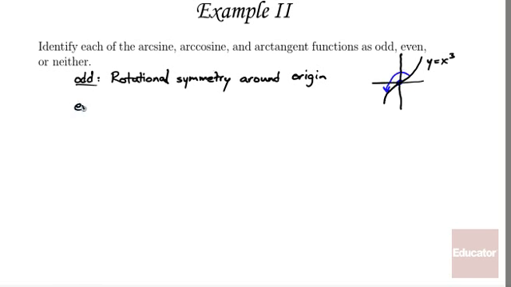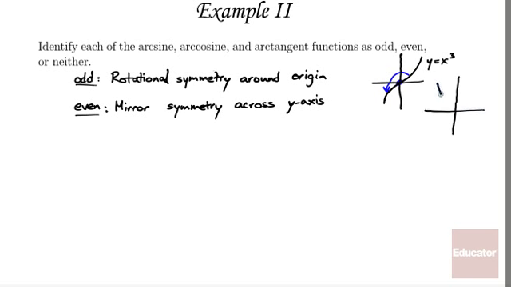Even functions have mirror symmetry across the y-axis. And the way I remember that is that 2 is an even number, and the graph of y equals x squared has mirror symmetry across the y-axis. So that's how I remember the pictures for odd and even functions.